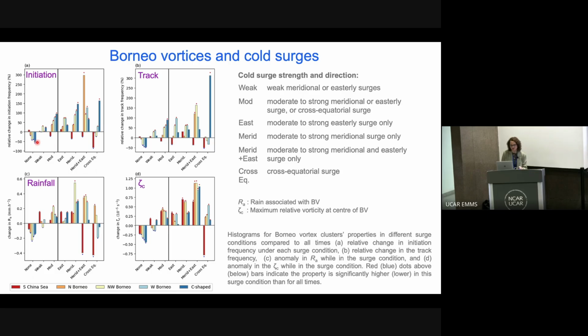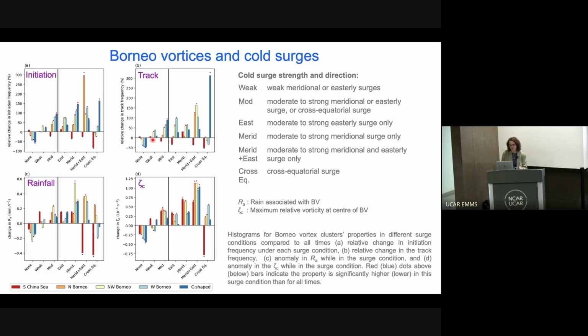If we start with initiation, in case of no cold surge, it's not favorable for any of the vortex clusters except for the one in the South China Sea. As we increase in strength, the number of the different clusters seems to increase. We get a maximum in the northern Borneo vortex cases when we have the combined meridional and easterly surge. The other thing you can see is that the strong surge and cross-equatorial surge conditions are not favorable for the vortices that move in an east-westward direction.